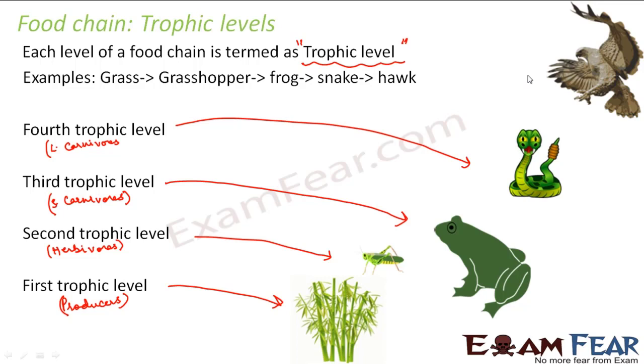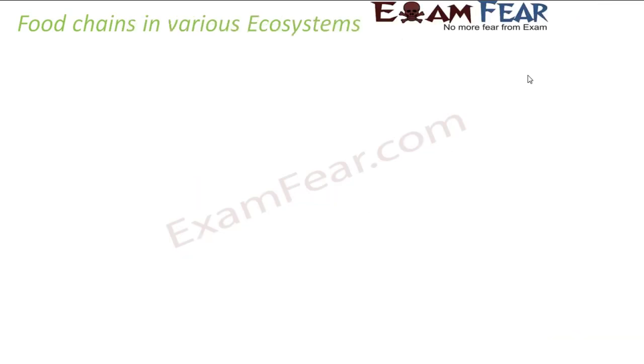As the level keeps increasing in a food chain, we call them first trophic level, second trophic level, third trophic level, and so on. Now you understand what is a food chain and what we mean by trophic levels in a food chain. A food chain can have 2 levels, 3 levels, 4 levels and 5 levels as well.